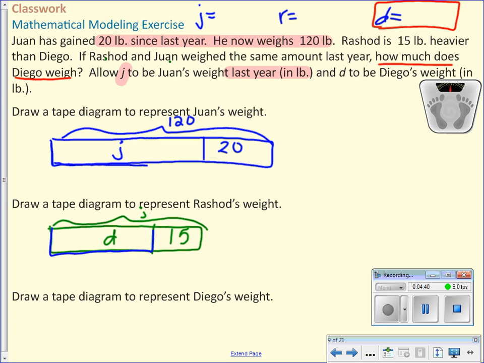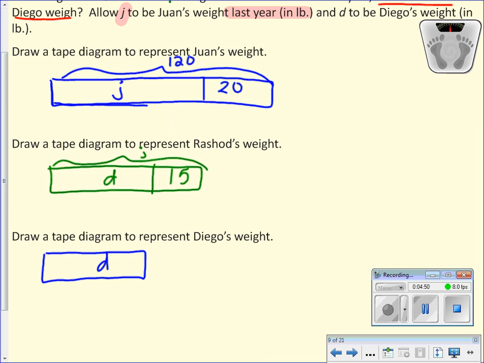So then what I will do is, here's my Diego. So that's my tape diagram for Diego. Notice how they're all lined up on the left. So now, which one of these tape diagrams can I use to write an algebraic equation? Which one of those is complete that I could write an algebraic equation?